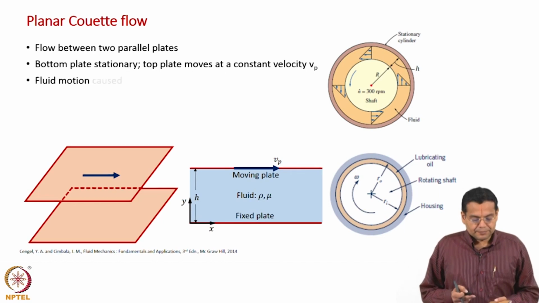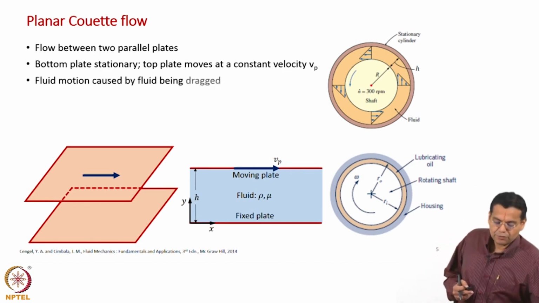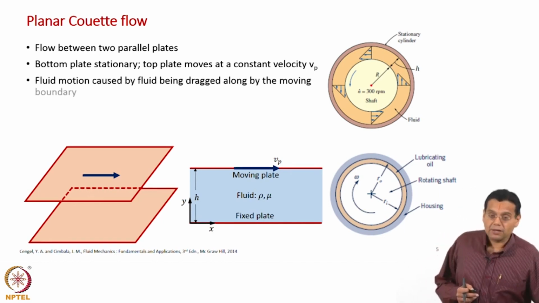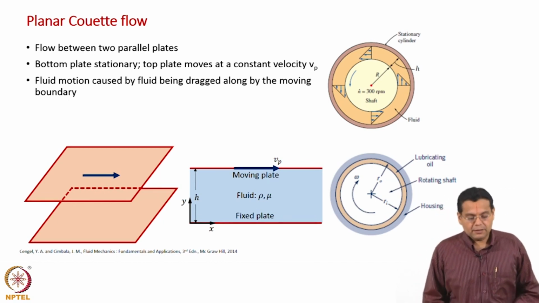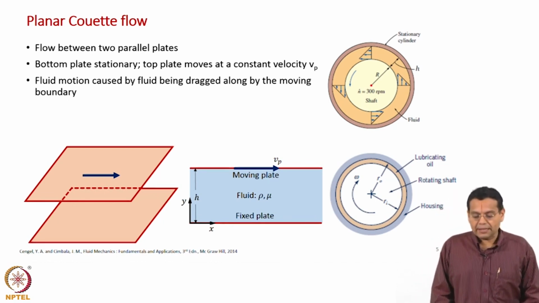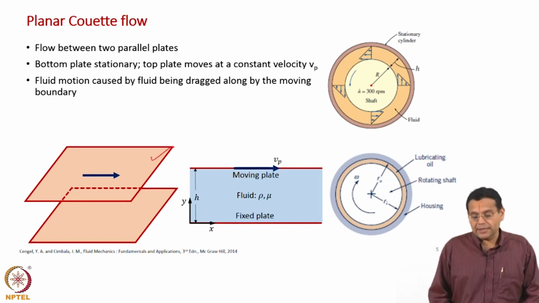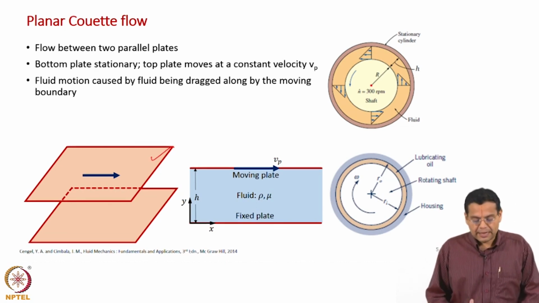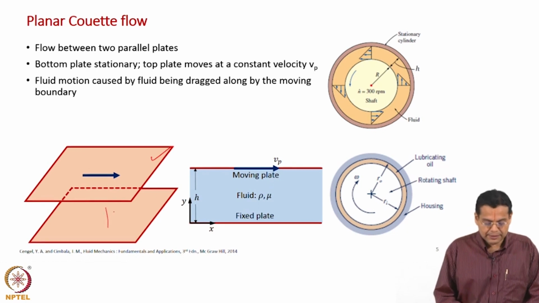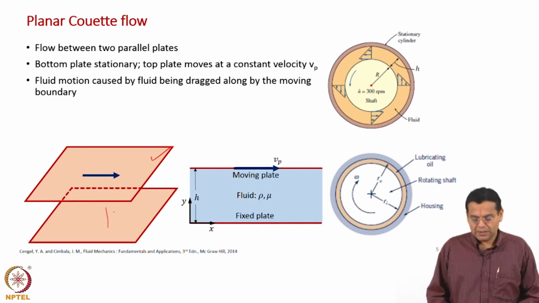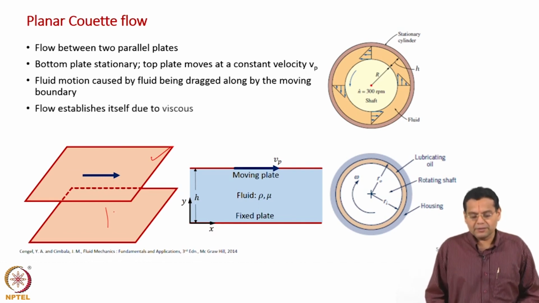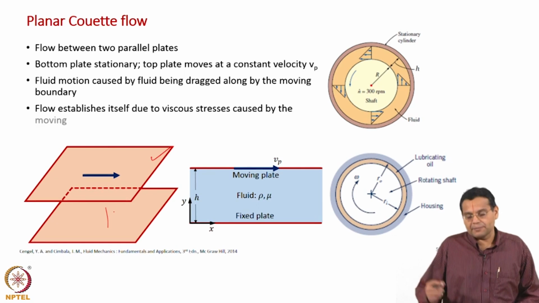And the fluid motion is caused by the fluid being dragged along by the moving boundary. Because the top plate moves, it drags the fluid along with it and hence causes motion in the region between the two plates. What is a more formal way of saying this? That is a little informal, saying the fluid is being dragged by the plate.